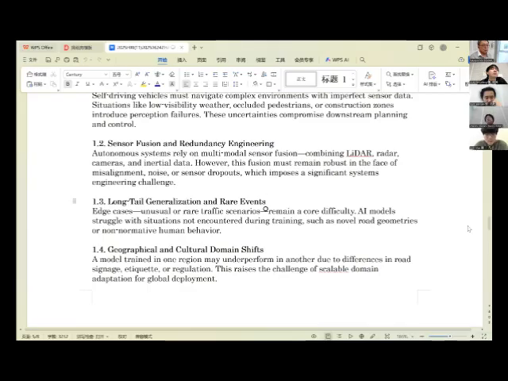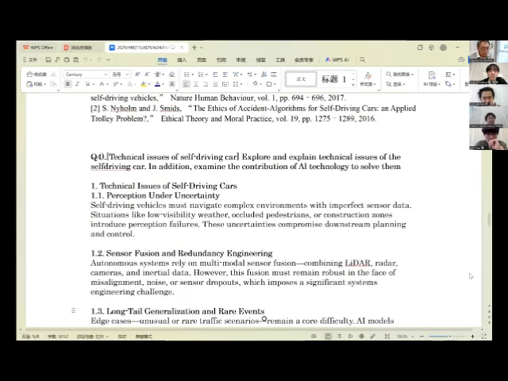However, if we use end-to-end models for autopilot, it is fairly difficult, because we cannot imagine all kinds of long-tail cases, as well as the perception under uncertainty.